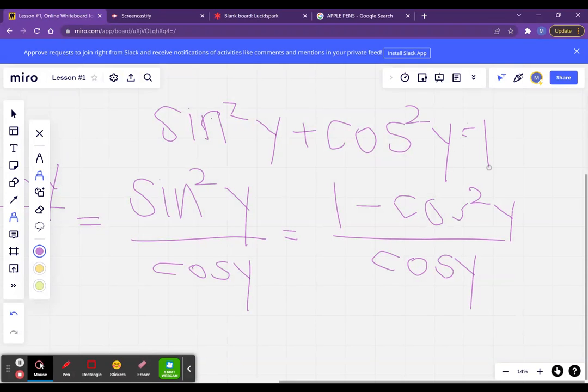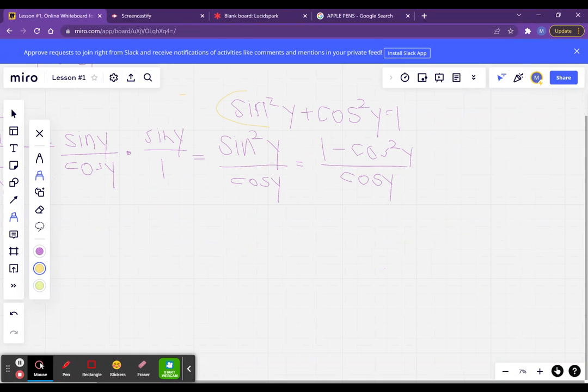This trig identity is very, very useful, and I highly recommend that you memorize this equation and know how to manipulate it. If we subtract cosine squared y from the left-hand side to the right-hand side, we get sine squared y equals 1 minus cosine squared y.